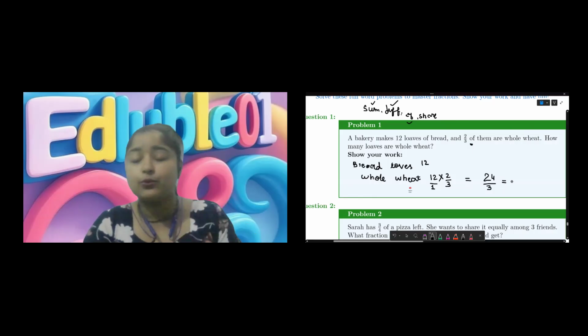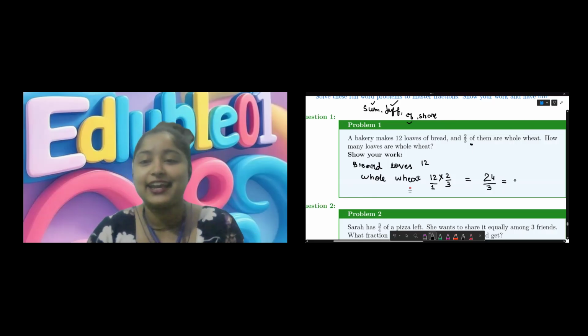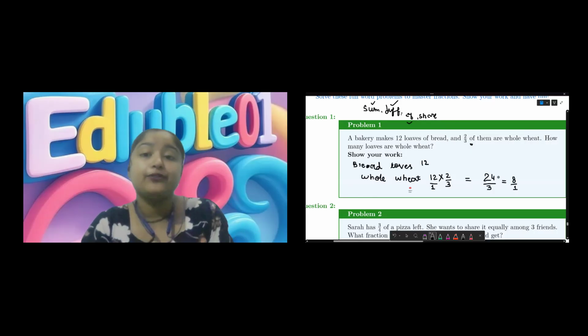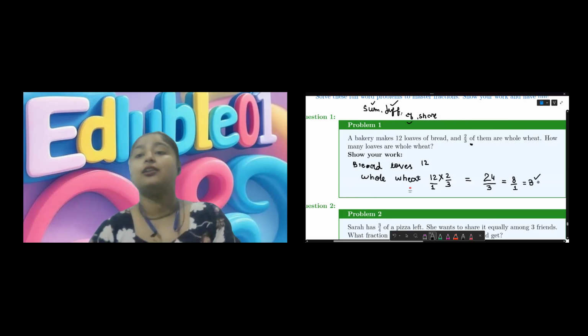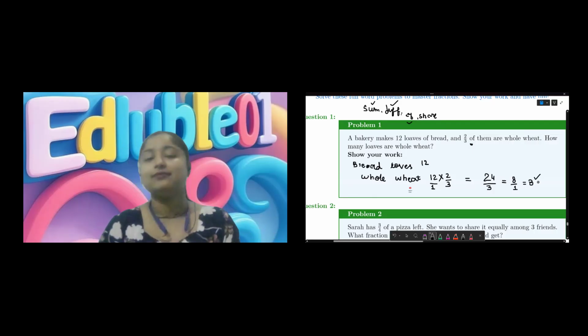What will be the answer? Exactly, 8 over 1. I've divided it by 3, so 24 is 8 times and 3 is 1 time. It gives you 8 over 1, which you can just write as 8. So basically, 8 loaves of bread out of 12 are whole wheat.